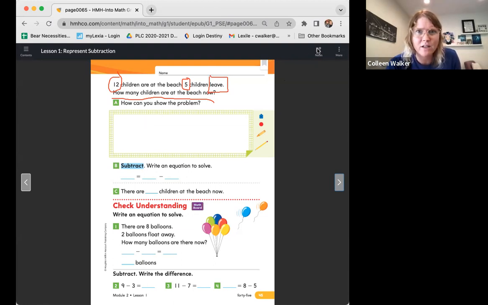All right, let's show it. I'm going to use these little ones and maybe a different color. We'll do blue. Okay, so how many children are at the beach total? 12.